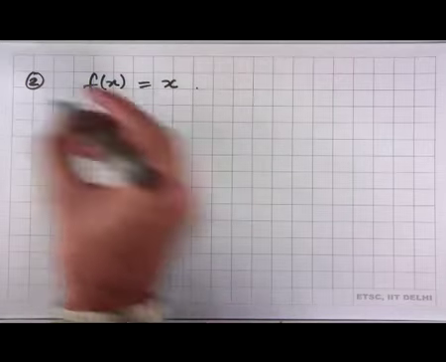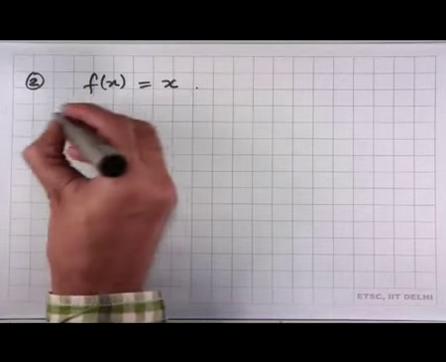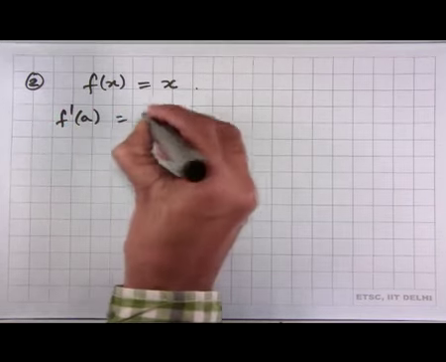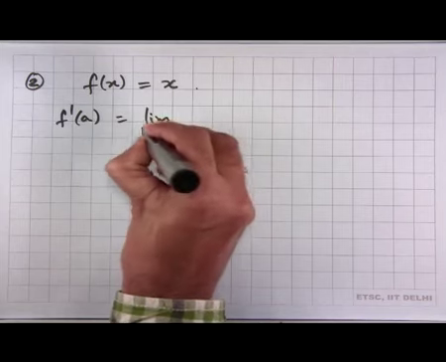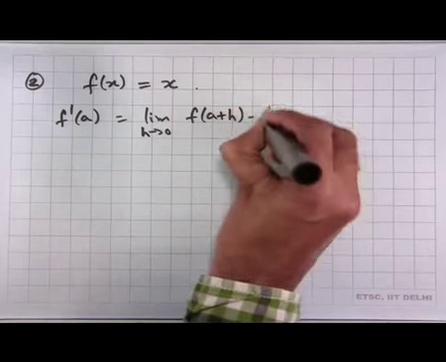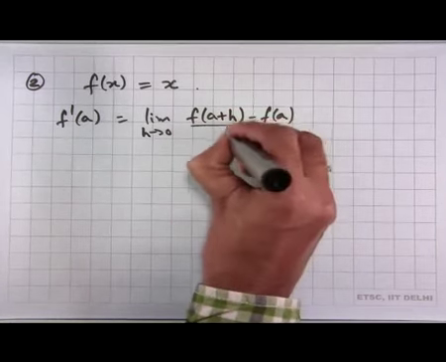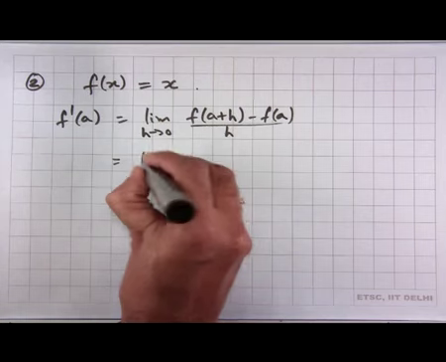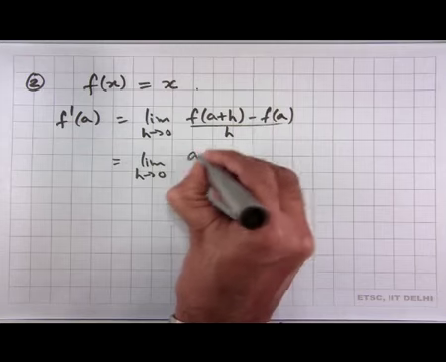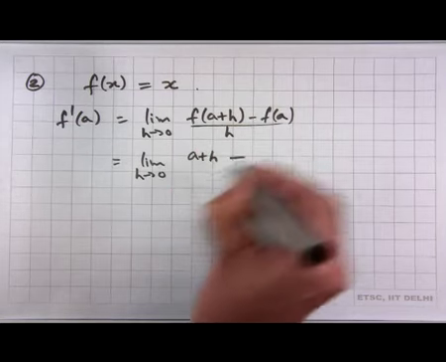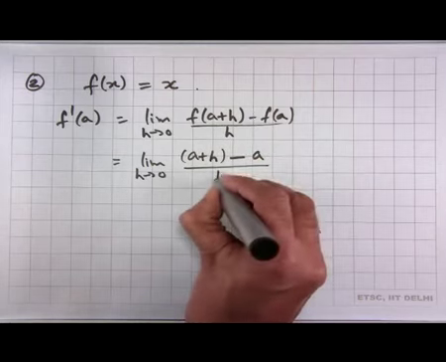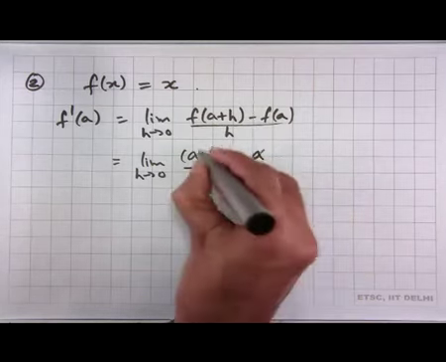Now, let us try to calculate again the limit. So, f prime a is equal to the limit as h goes to 0 of f of a plus h minus f of a divided by h, which is equal to the limit of h going to 0 of a plus h minus a divided by h. Here a and minus a cancel.